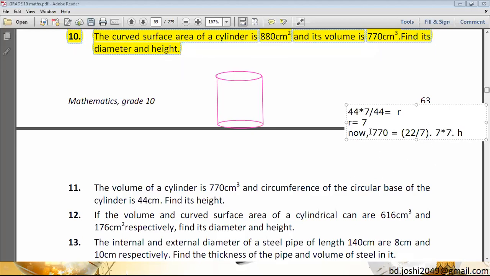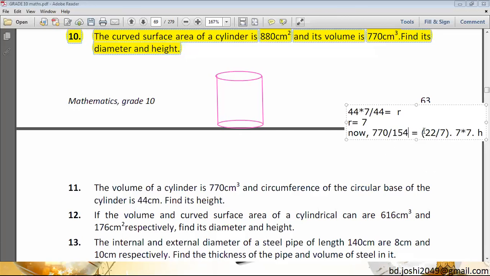Okay, and after this take this 154. You can calculate in your calculator, 22 divided by 7 into 49. Check it, maybe I am wrong, and take that value here, 154.